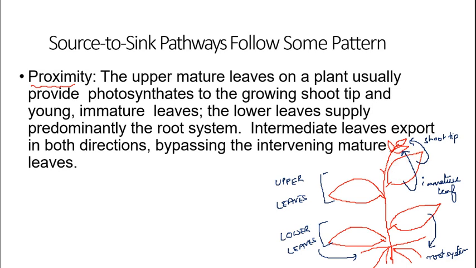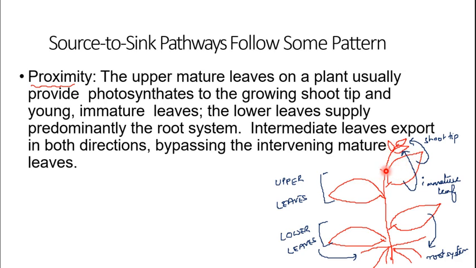So what I meant, for example, the upper mature leaf, like this one, they will transport the photosynthate to the growing shoot tip because it is very nearer to the shoot tip.